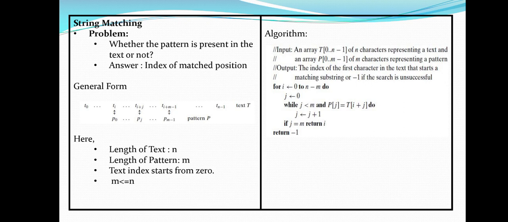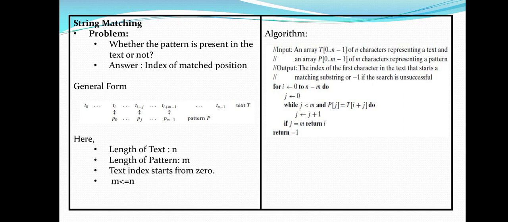So p of j equal to text of i plus j, then it has to increase j. That's why if g is matching, then we have to check whether e is present in the next location or not, right? That's why we are incrementing j till it reaches m, right?